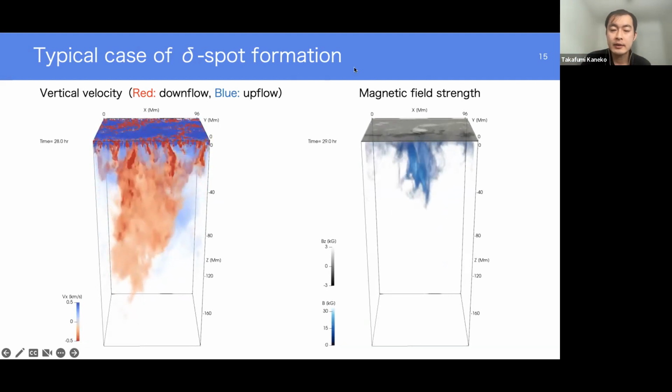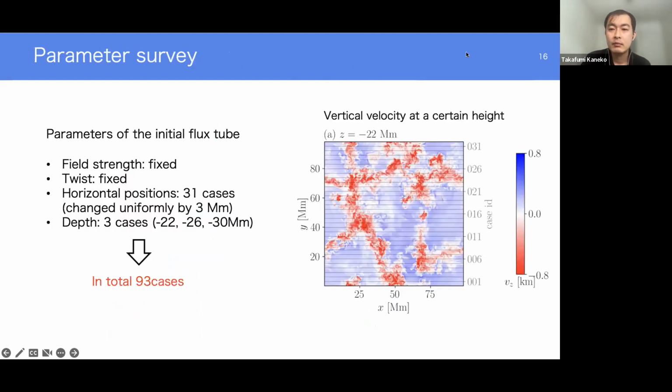So this is a typical case, and we performed the parameter survey. Basically the field strength and twist are fixed for all cases, and the horizontal positions were changed, giving 31 cases.